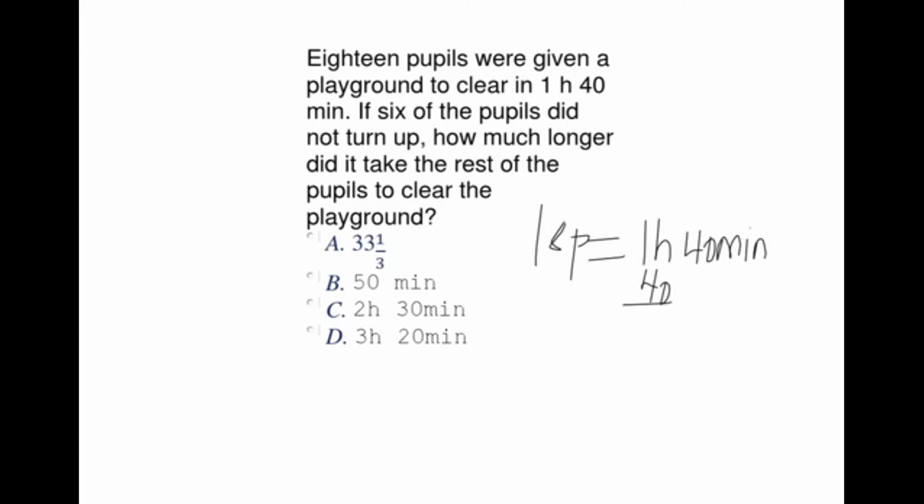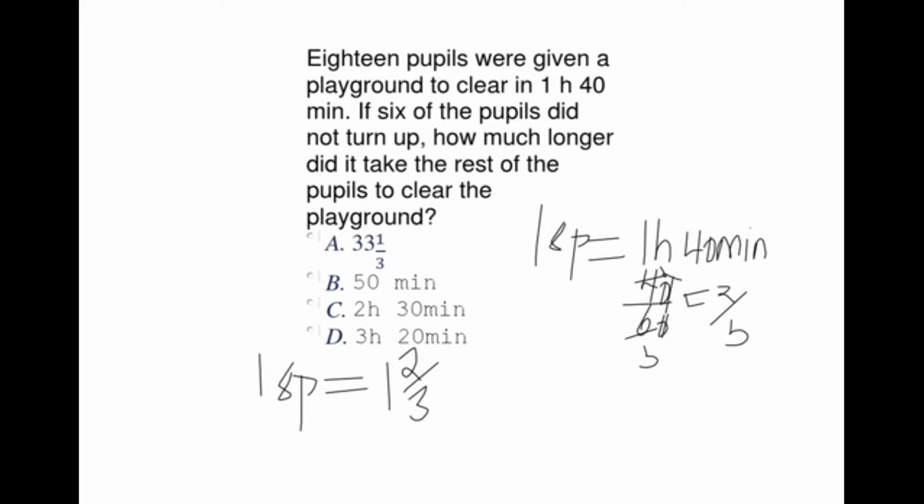So we have to change the minutes into hours. So 40 over 60 is the same as 2 over 3. So 18 pupils did the work in 1 and 2 over 3 hours.